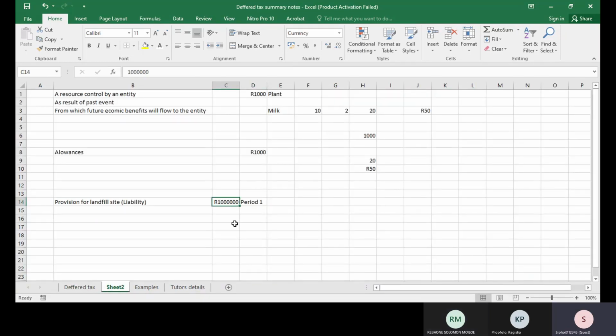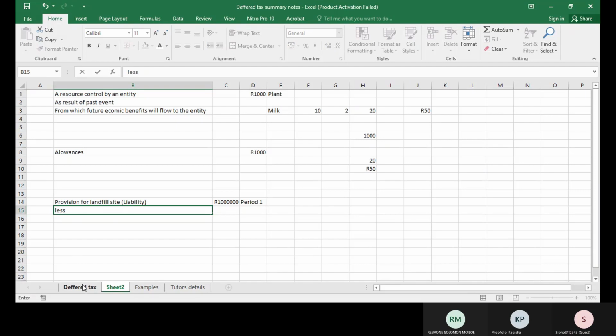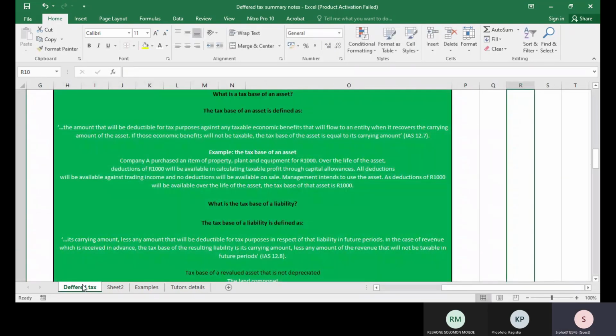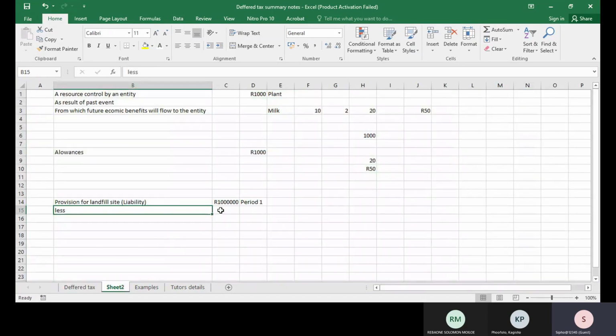Is this carrying amount of 1 million less any amount that will be deductible for tax purposes in respect of that liability in future periods? Meaning in respect of that liability, being the provision for landfill site, am I right? What did I say to you now? I said SARS will only give you a deduction when you actually pay the expense, right?